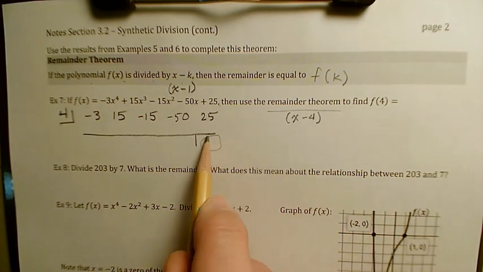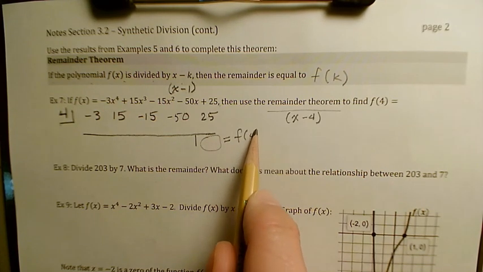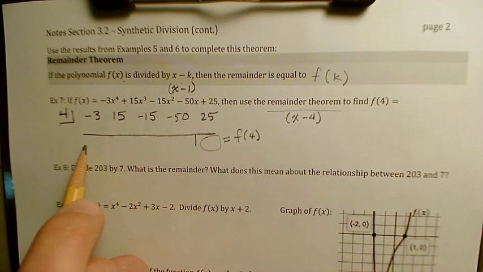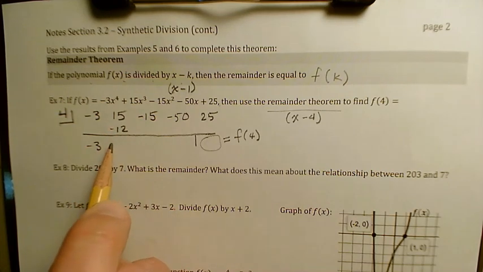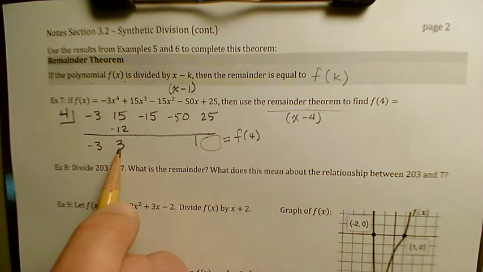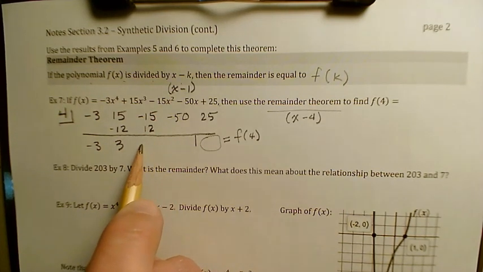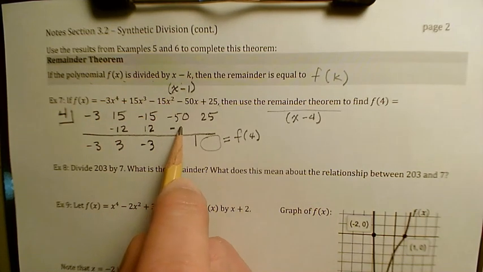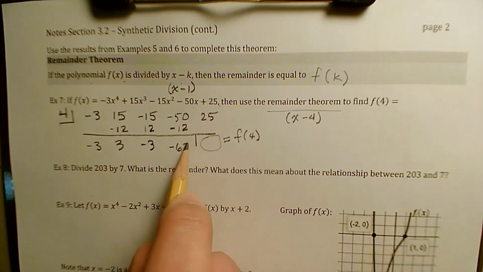So this value, whatever it is, is going to be equal to f of 4. Okay? And so let's do that. Bring down the negative 3. I multiply, that's negative 12. I add, that's 3. I multiply, that's 12. I add, that's negative 3. I multiply, that's negative 12. I add, that's negative 62.